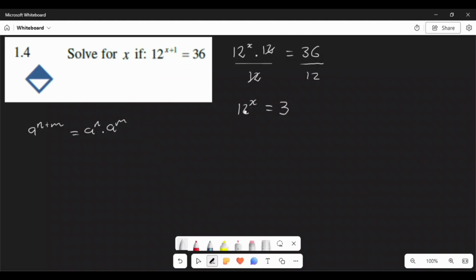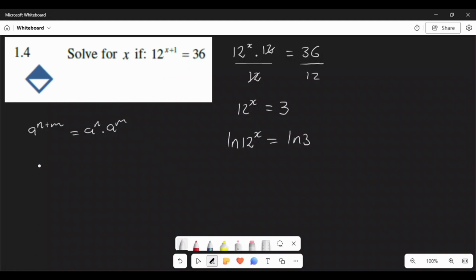We need to introduce the natural log. So let's introduce our natural log on both sides. You have natural log of 12 to the power of x, and then natural log of 3. Again, if you didn't watch the previous question, which was question 1.3, I did explain the rule there.